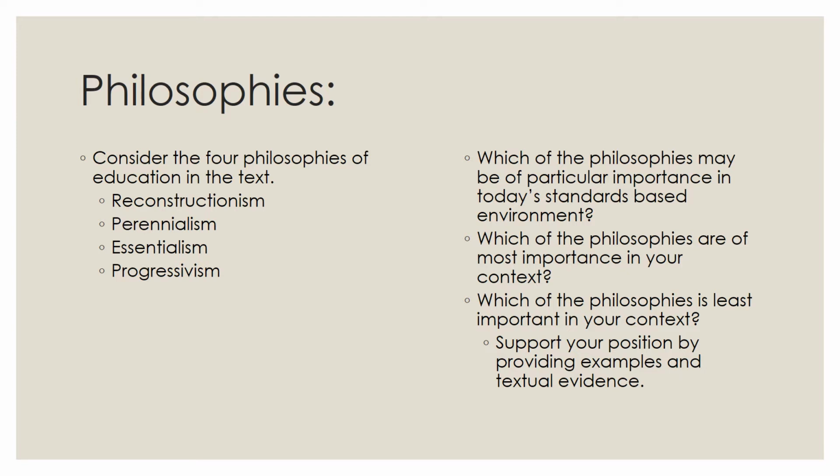Perennialism includes seeing the goal of education as disciplining the mind. The development of a person to reason and the pursuit of truth is important to perennialists. Perennialists believe that truth is eternal, everlasting, and unchanging.